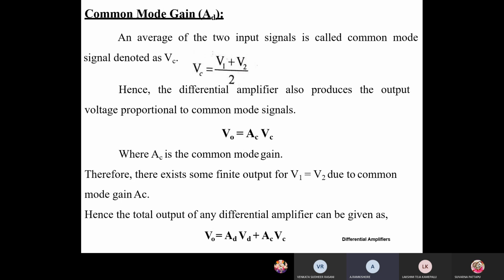So that is about differential gain. And coming to common mode gain. In common mode, the input applied to the base of Q1 and Q2 is derived from the same source, that is V1 is equal to V2.